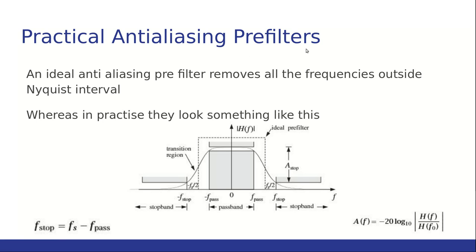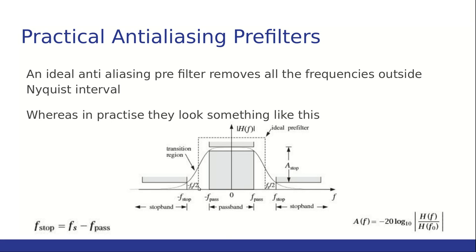Practical anti-aliasing pre-filters. An ideal anti-aliasing pre-filter removes all the frequencies outside the Nyquist interval, which we have seen previously. Whereas in practice, anti-aliasing pre-filters look something like this. This is an ideal pre-filter. A practical pre-filter is almost flat in the passband region and then keeps attenuating till it reaches the stopband. After the stopband, it becomes zero.